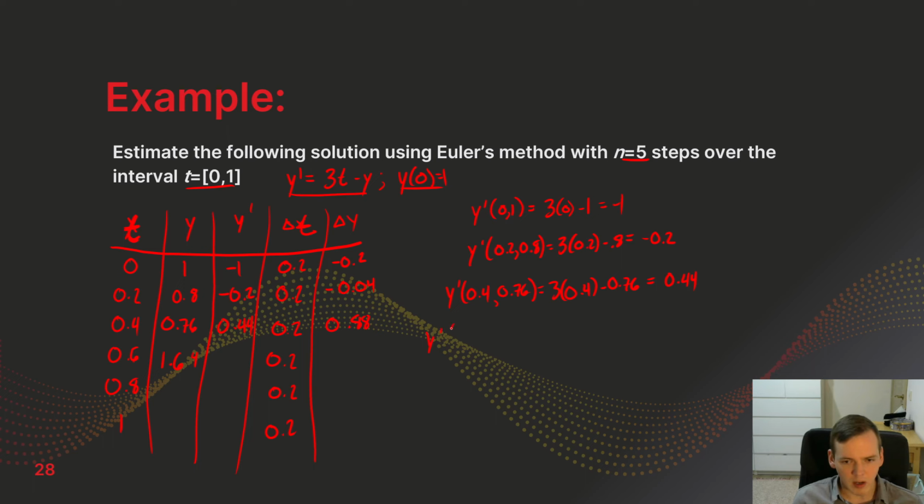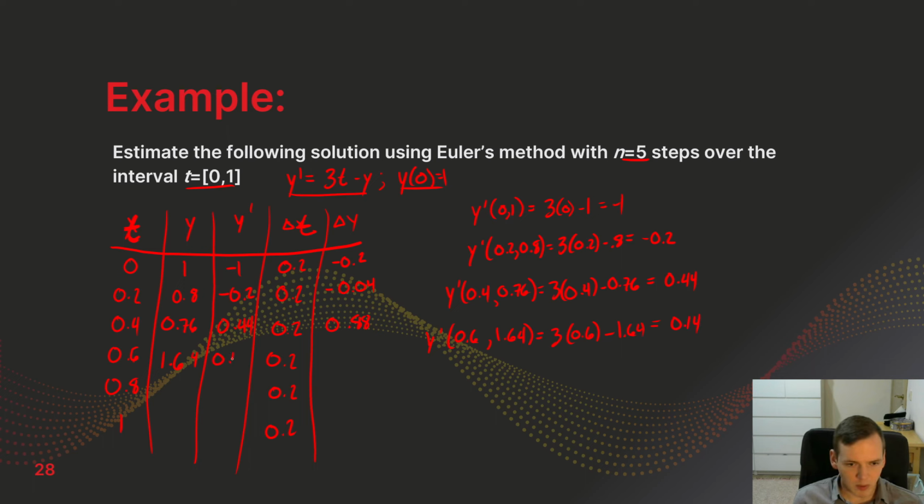So y prime of 0.6, 1.64 is equal to 3 times 0.6 minus 1.64. 1.8 minus 1.64 is 0.14.